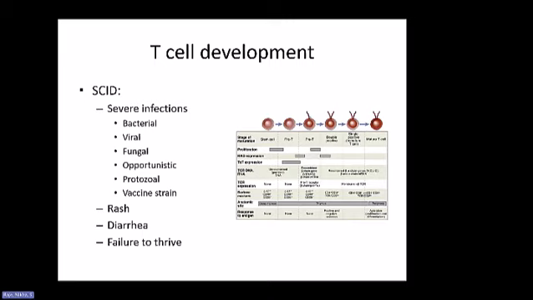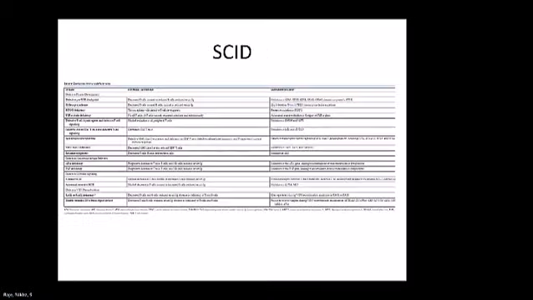These patients can present with severe and recurrent rashes, diarrhea, and failure to thrive. Condition is fatal unless it is picked up quickly and treated promptly, which has definitely become better with the newborn screening that's available for TREC.